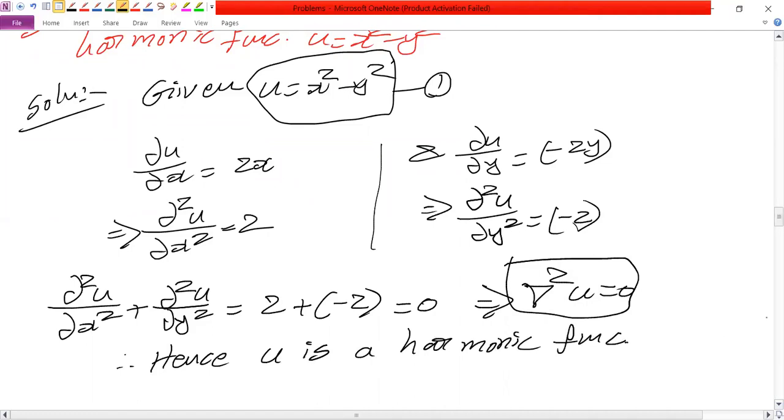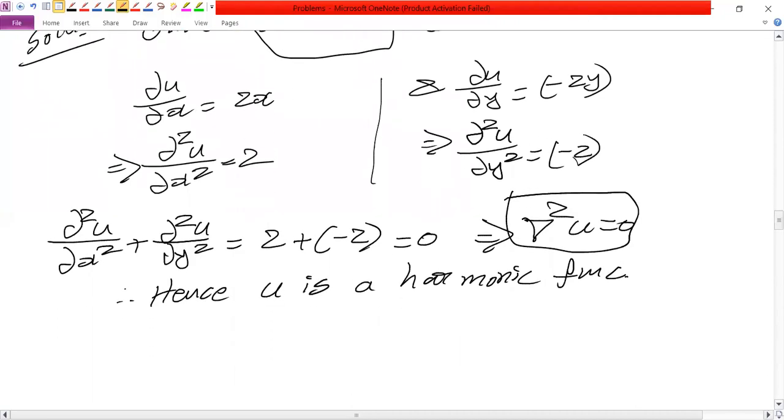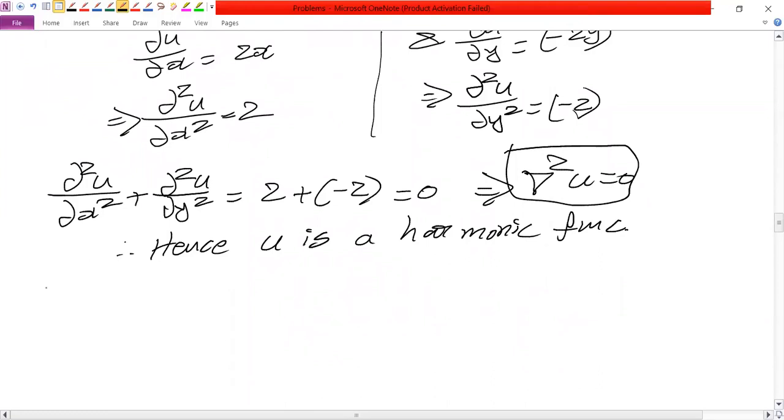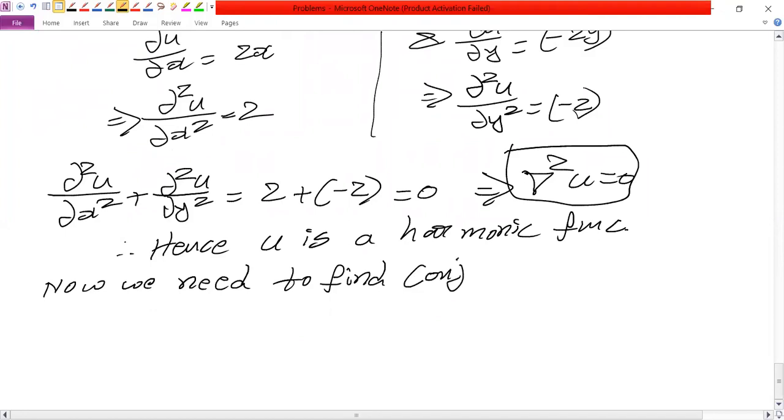Now we need to find its conjugate, that is, v we need to find. So now we need to find the conjugate harmonic function to u.